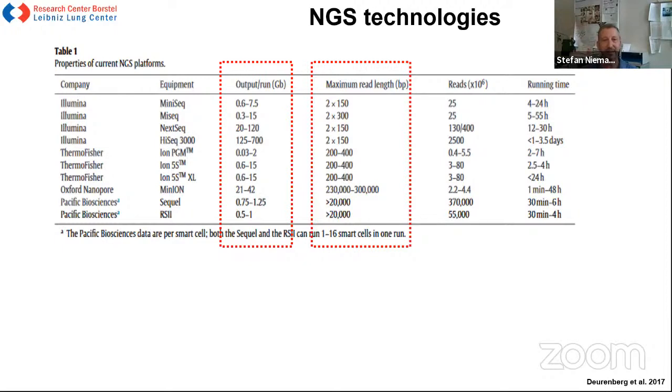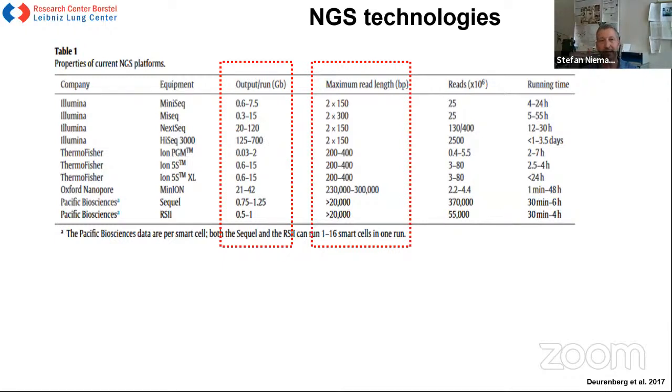Very long reads can be generated with a MinION and with a Sequel system. But if you consider output, then the different Illumina machines also deliver different outputs, and the output is basically describing the number of strains or samples that can be analyzed in parallel.